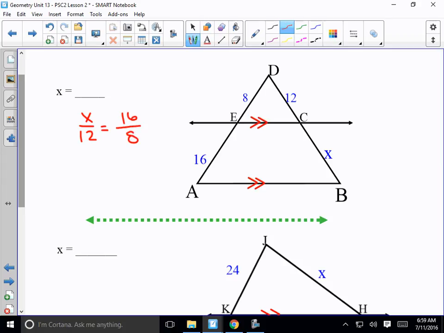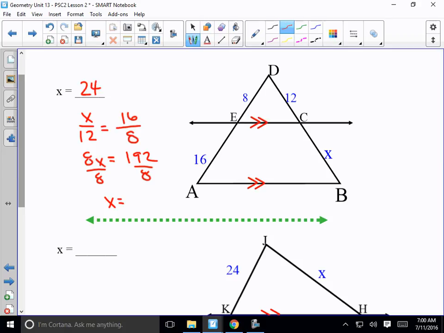You just have to make sure that you're using those corresponding parts when you're setting up your ratios. And then when we cross multiply, we've got 8x equals 12 times 16, which is 192. Divide both sides by 8, and we get x equals 24.